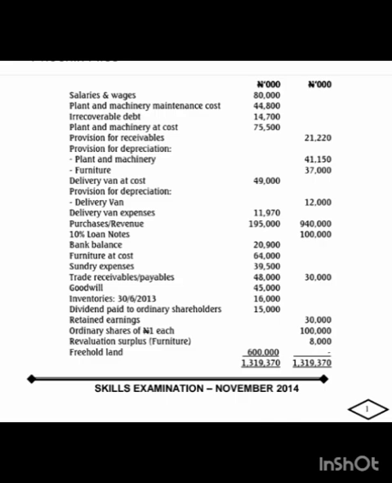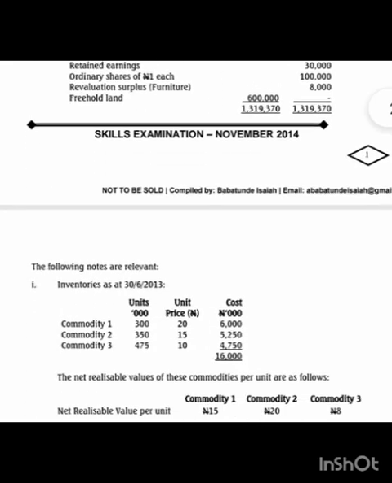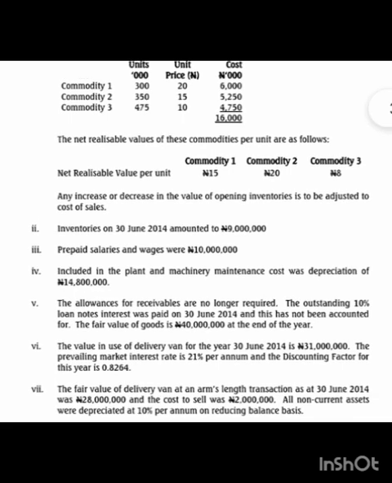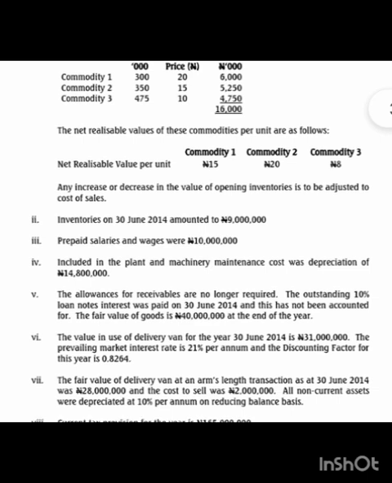Inventory at 30th June 2014 amounted to 9 million. Are you getting me? That is additional information 2. We're also told that the fair value of that inventory at the end of the period is 40 million. So which one is the lower?